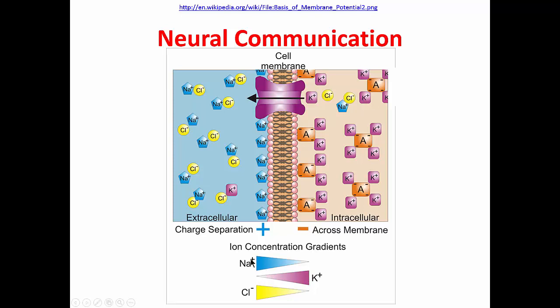So it is true that ions are attracted to their opposite. It is also true that they prefer to run down their concentration gradient. Stated more simply, the ions tend to spread themselves out. So generally speaking, if I can anthropomorphize these potassium ions, they don't like to cluster too many near one another. They like to spread out a little bit and mix it up. But they can't because they've got this semipermeable membrane.